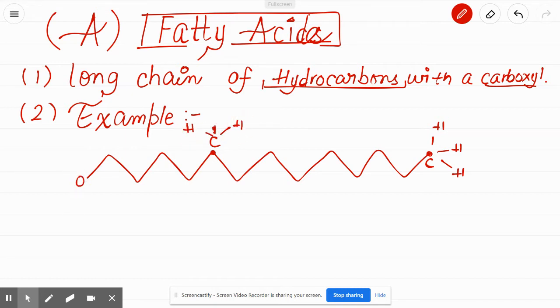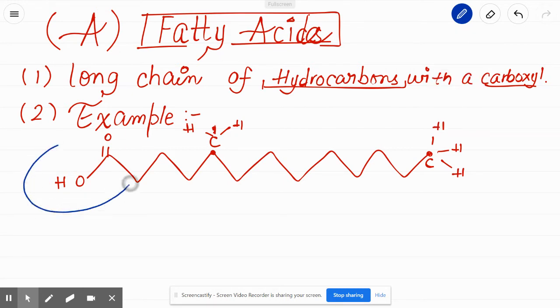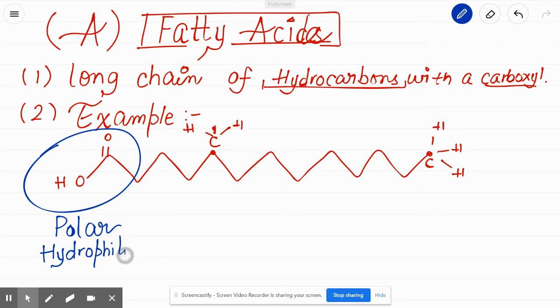And the more important part over here is your carboxyl group. An important thing to understand here is that this section of our fatty acid is polar in nature, or we can say hydrophilic, likes water.